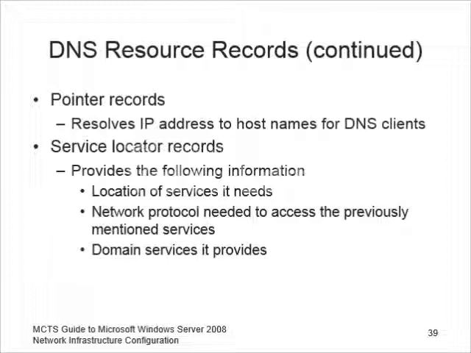For example, if you have two application servers in your domain, you can create SRV resource records in DNS that specify which host serves an application server. Client applications that support SRV records will use DNS to retrieve the SRV resource record for the application server.